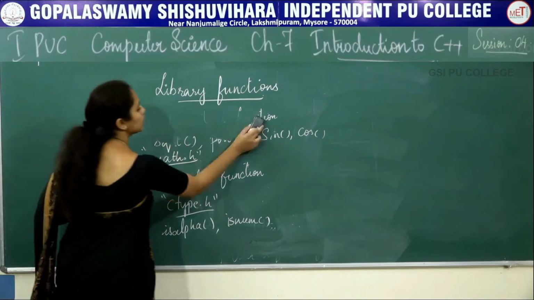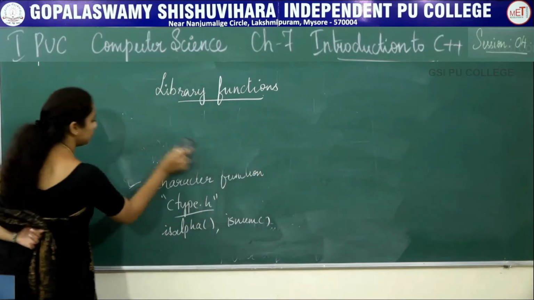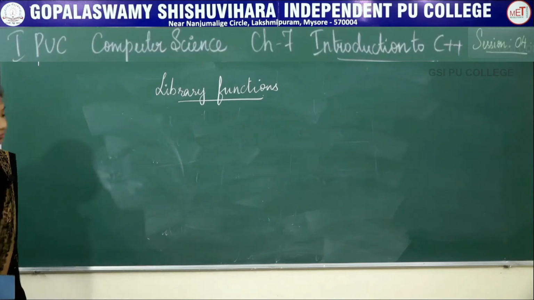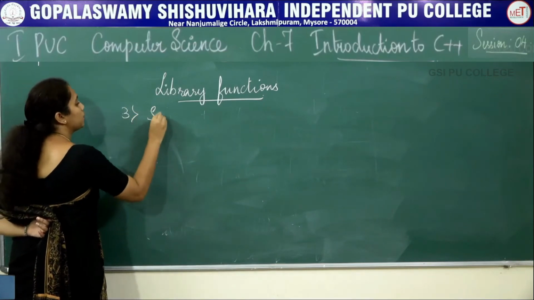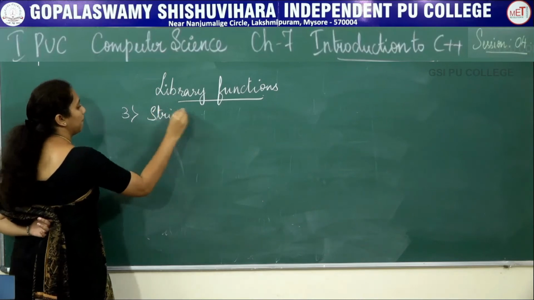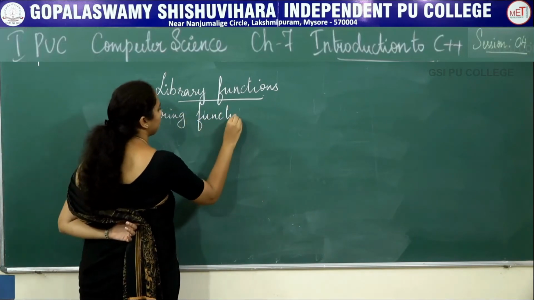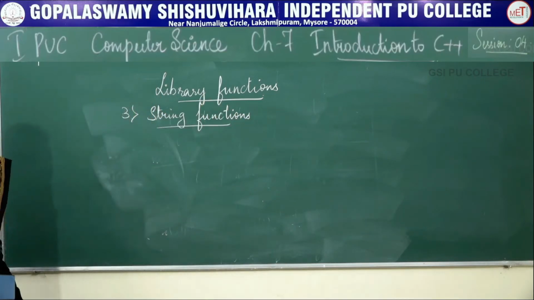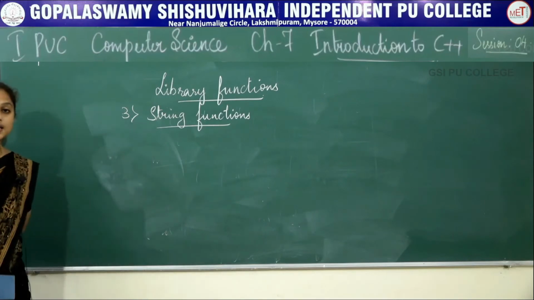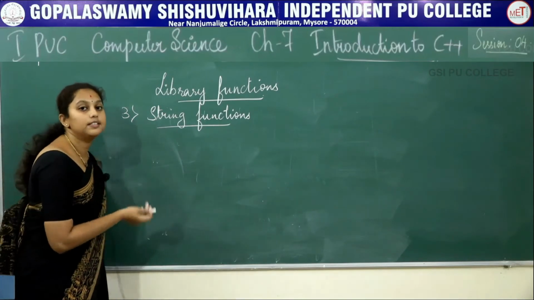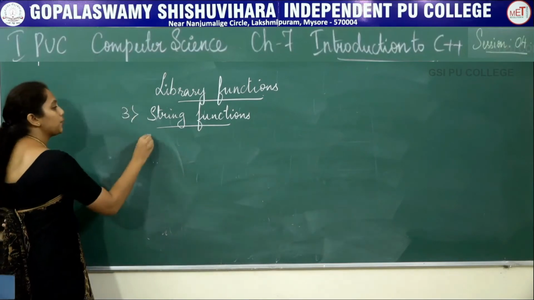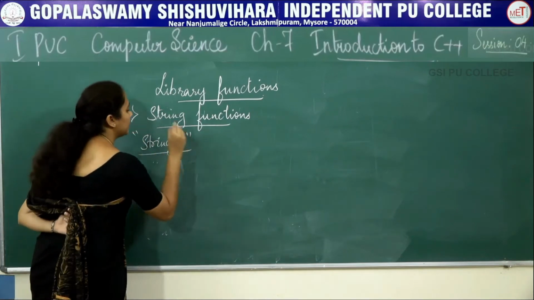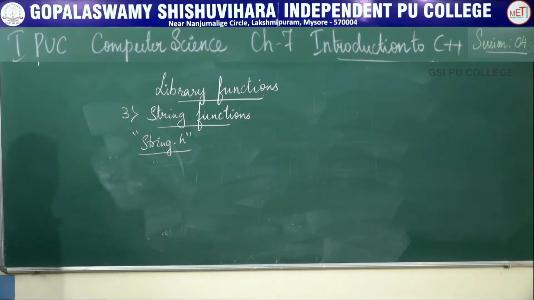And the next type of function is string functions. So what are string functions? String is defined as an array of characters. So string.h is the header file we are going to use for string functions.